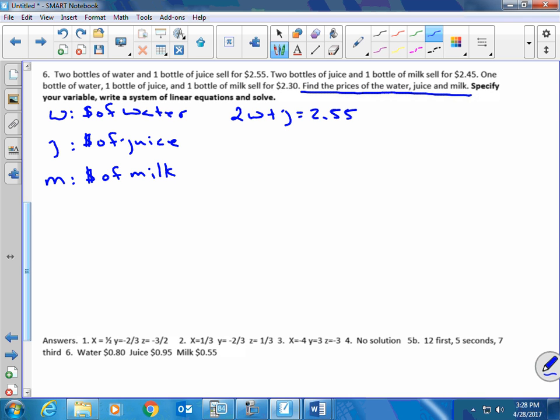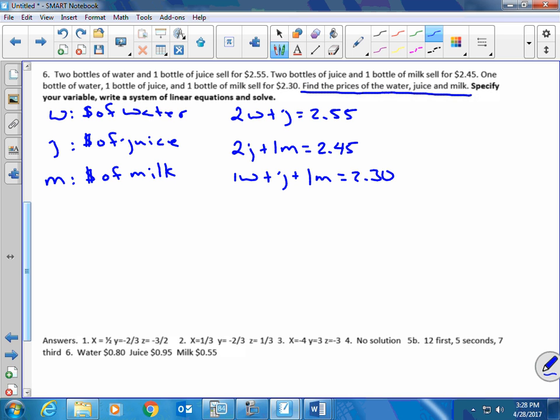Second equation, 2 bottles of juice plus 1 bottle of milk equals $2.45. Last sentence, 1 bottle of water plus 1 bottle of juice plus 1 bottle of milk equals $2.30.